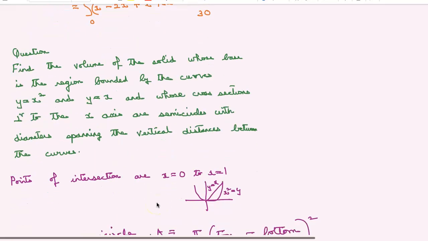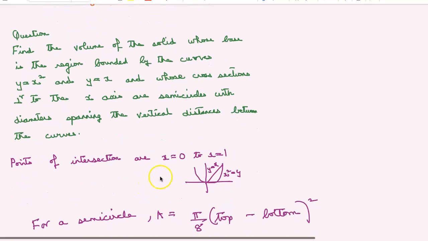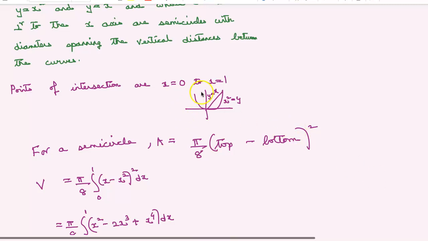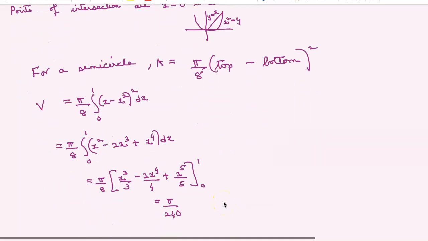So again, as we saw in the earlier problem, points of intersection are x equal to 0 to x equal to 1, and for a semicircle the area of cross section will be pi by 8 times top curve minus bottom curve, the whole squared. So that is pi by 8 integral from x equal to 0 to 1, top curve is x minus bottom curve x squared, the whole square dx. Again expanding it as x squared minus 2x cubed plus x raised to 4.